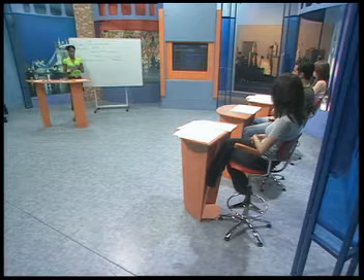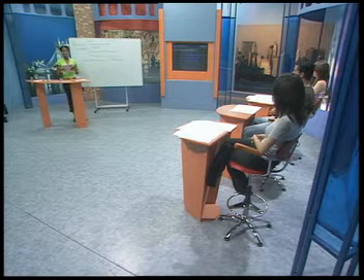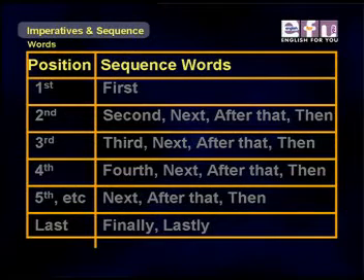Okay, very good. Let's take a look at a chart to help us understand sequence words. Okay, for the instruction in the first position, we use first. For the instruction that follows, we can say second, next, after that, or then. For the third instruction, we can say third, or again, we can say next, after that, or then.